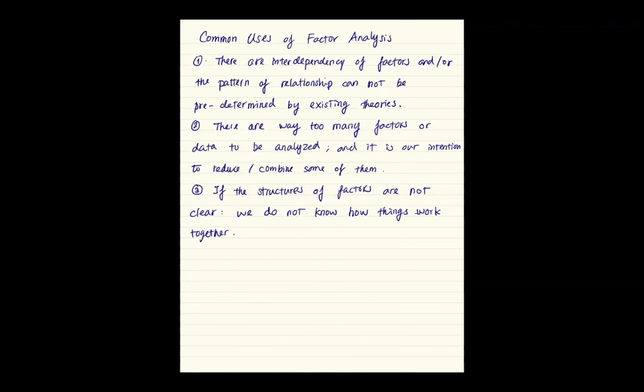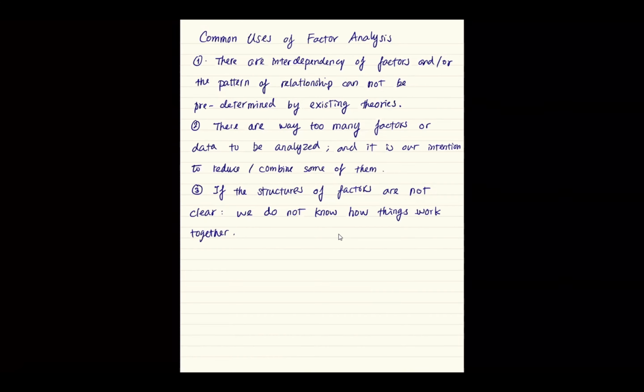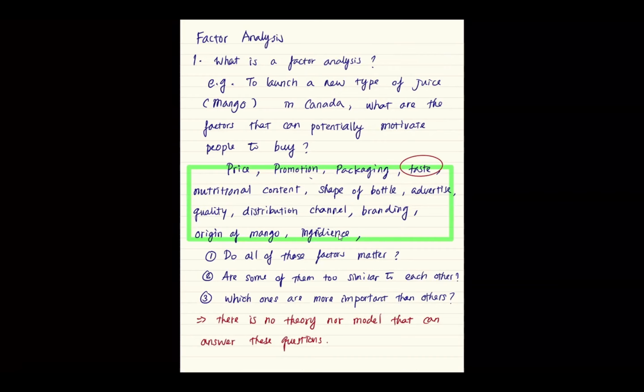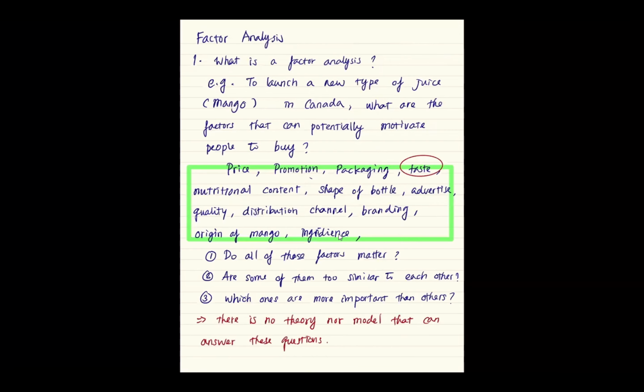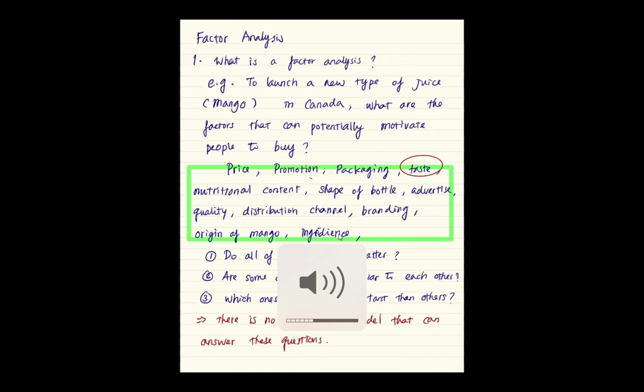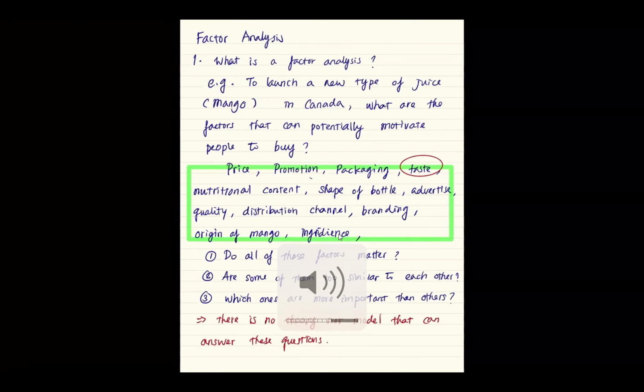Okay, the third point is when we do not know how those factors work together. Again, back to the example. When those things are given independently, say price and quantity, promotion and quantity, packaging and quantity, if we look at each pair one by one, we probably can know how they work together.